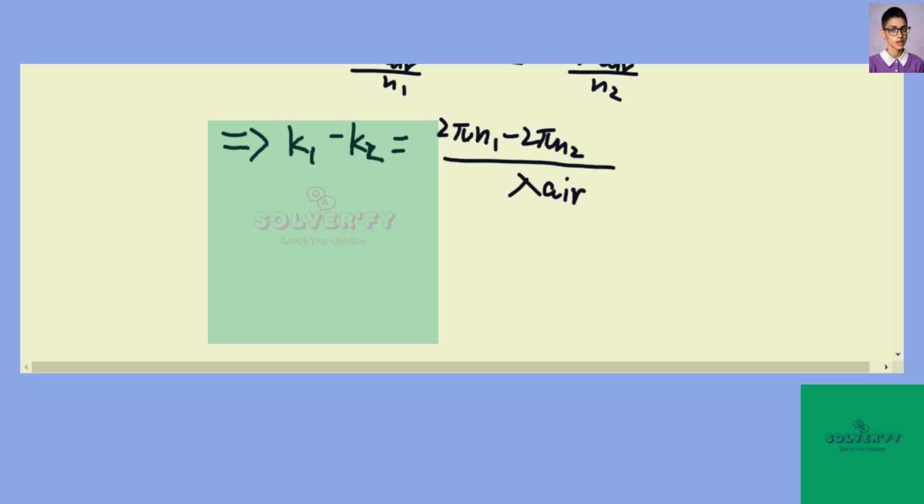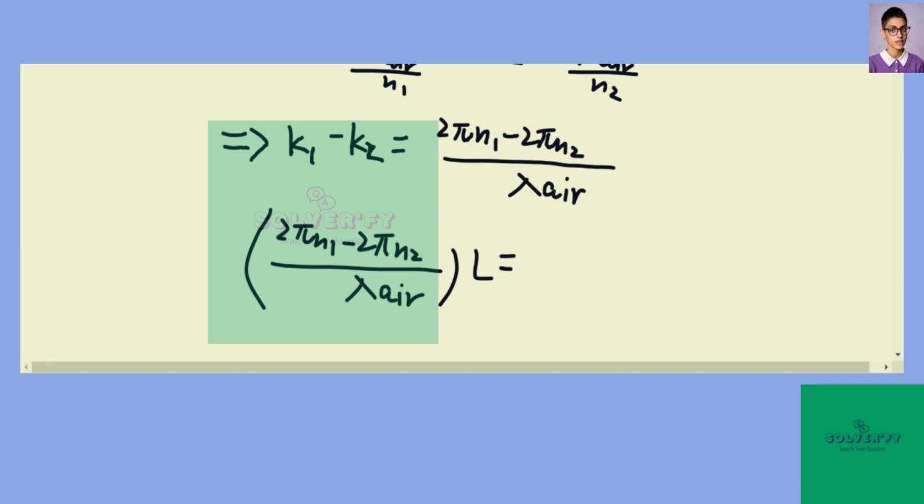So K1 minus K2 times L equal to delta phi can be equal to 2 pi n1 minus 2 pi n2 over lambda air, times L, which is equal to delta phi.